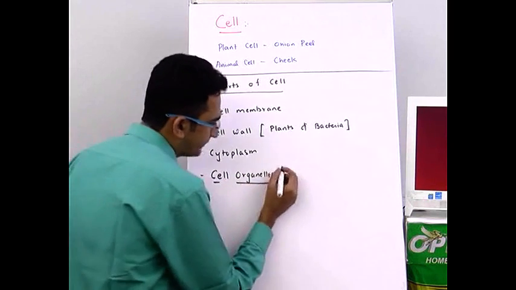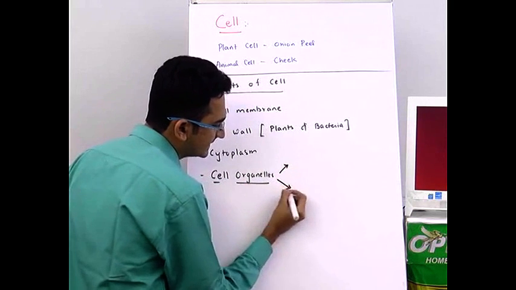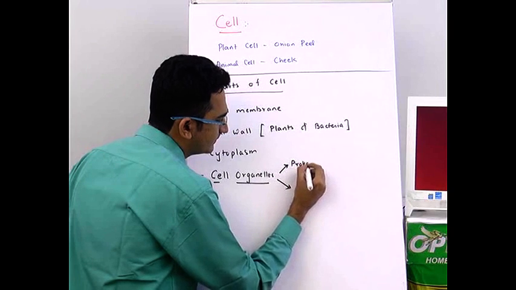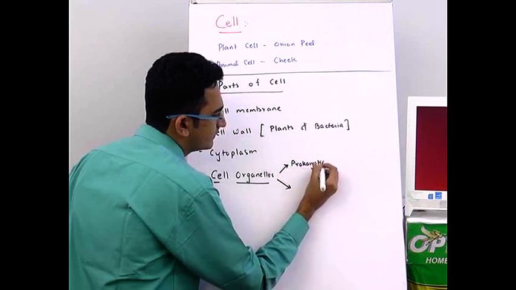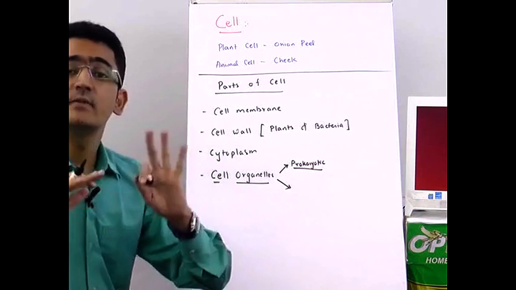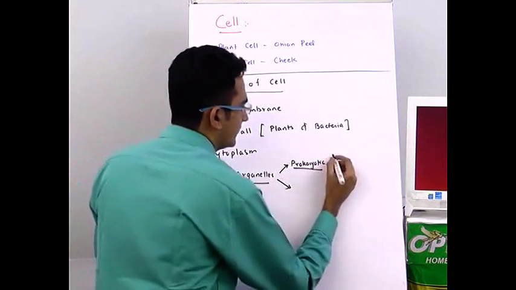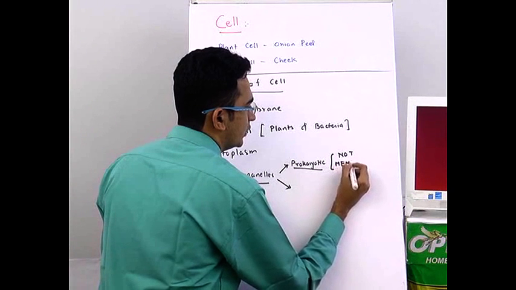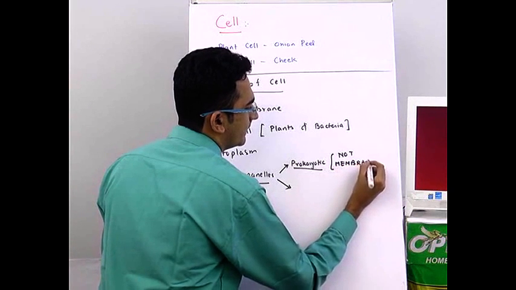Now cell organelles in prokaryotic cell, they do not have their own covering. Not membrane bound.